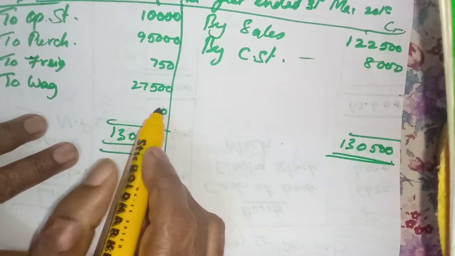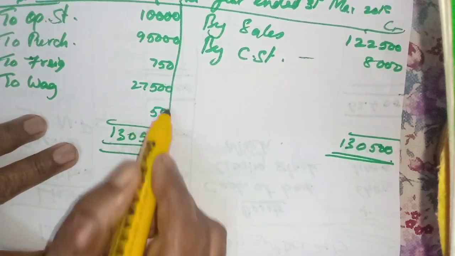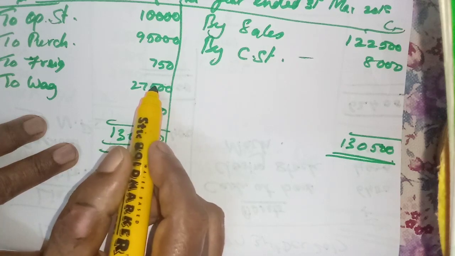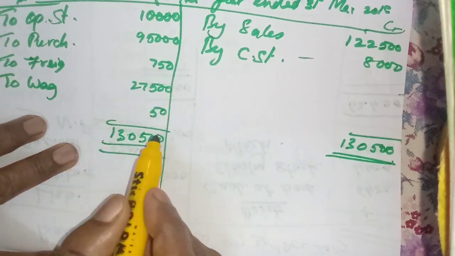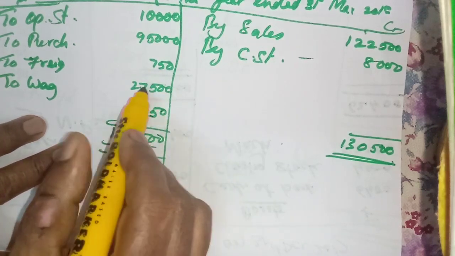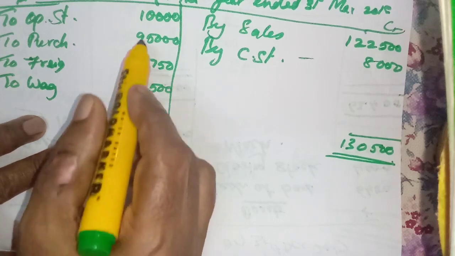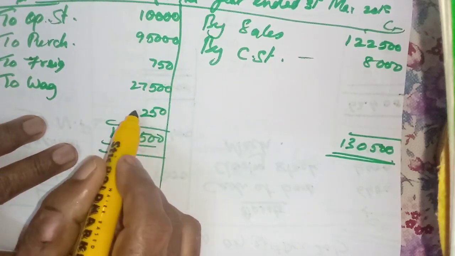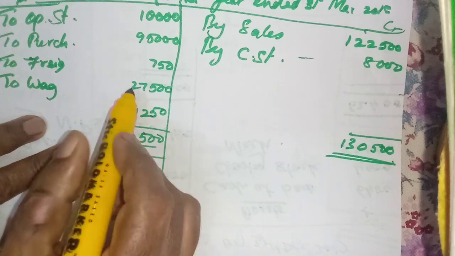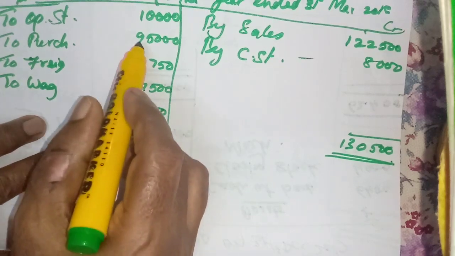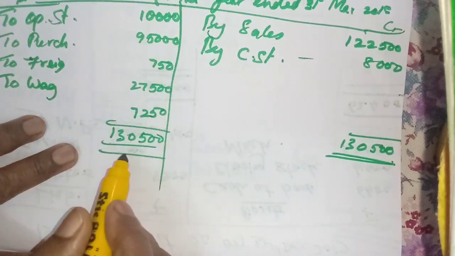Then 5 plus 5, 10. Balance 1. 6, 13. 13 plus 2, 15. Balance 1. 8. 8 plus 5, 13. 13 plus 7, 20. Balance 2. 4. 4 plus 10, 14.